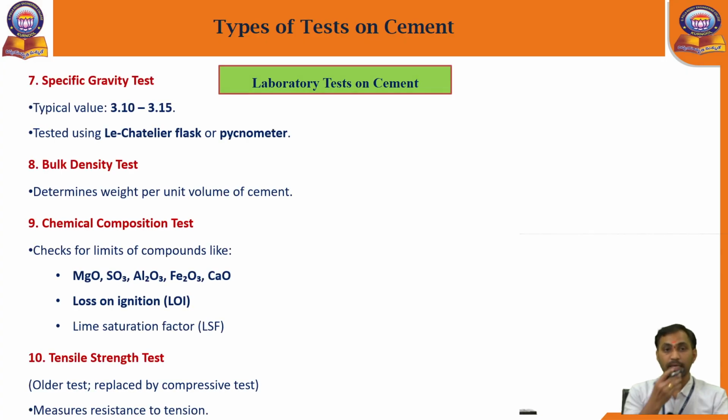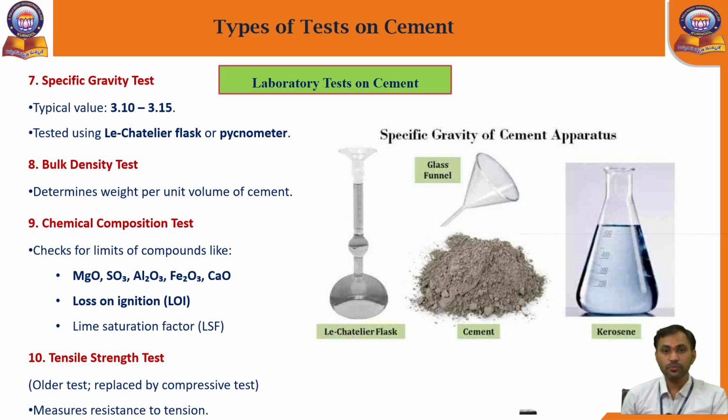And the last, there are a few small laboratory tests. One is the specific gravity test. For it, we use the Le Chatelier's flask, and a funnel and kerosene. Why should we not take water? If water is added to the cement, it will slowly change the reaction.